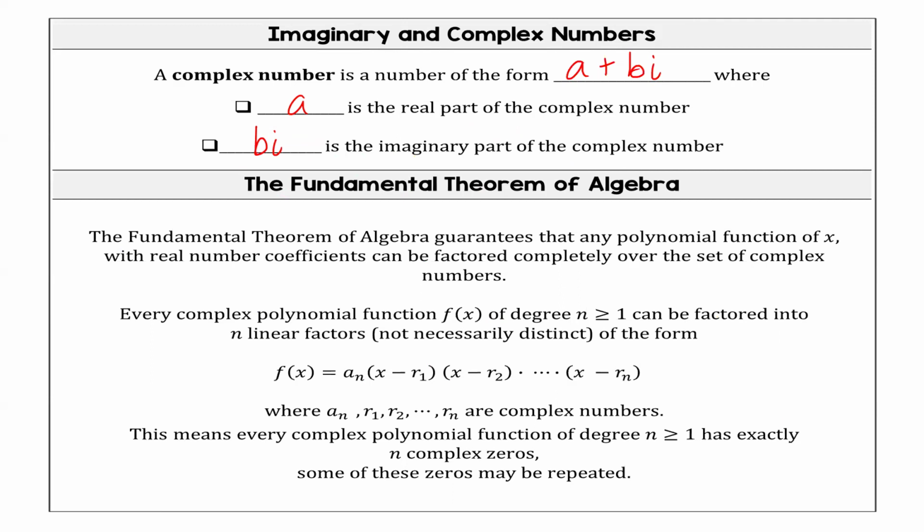I just write it so that you can see that it's imaginary. Some people italicize it and make it cursive and all that pretty, but this is what you're gonna get from me. All right, so we're going to start with the fundamental theorem of algebra.